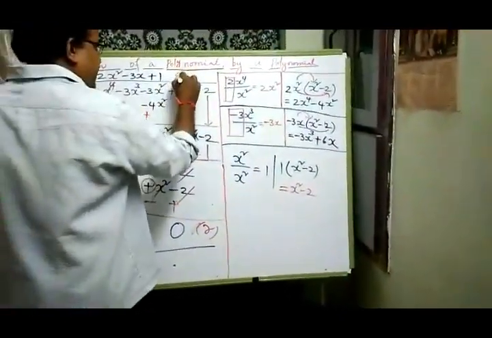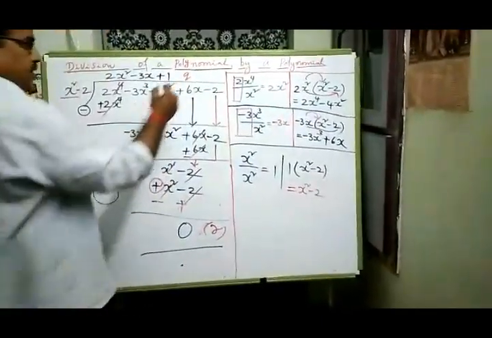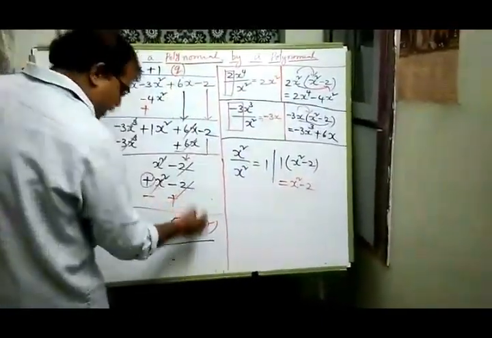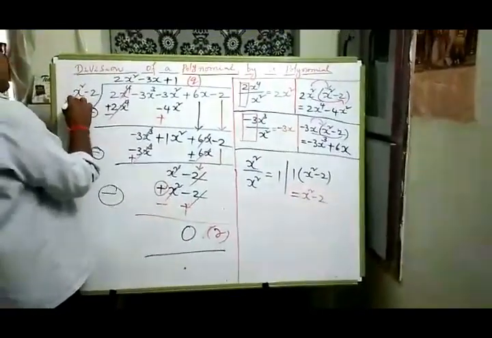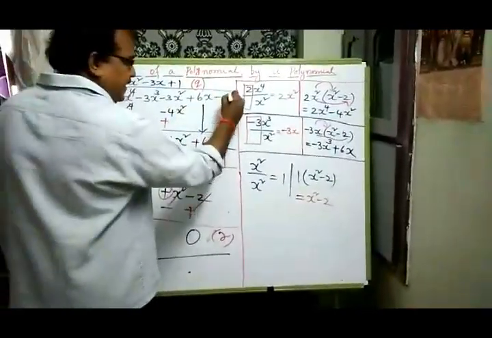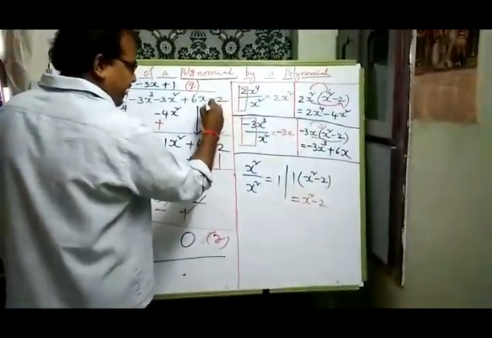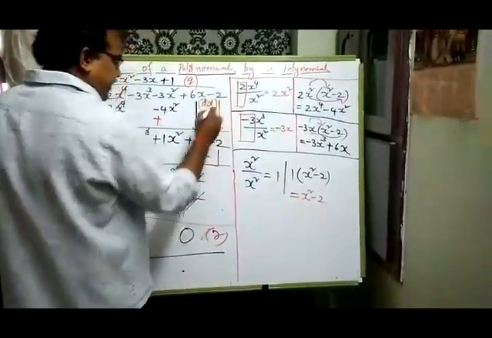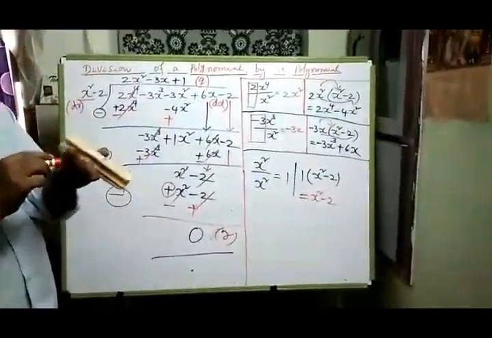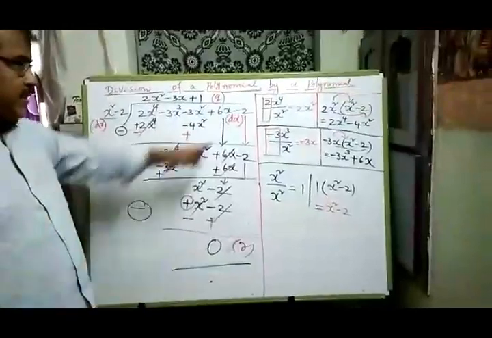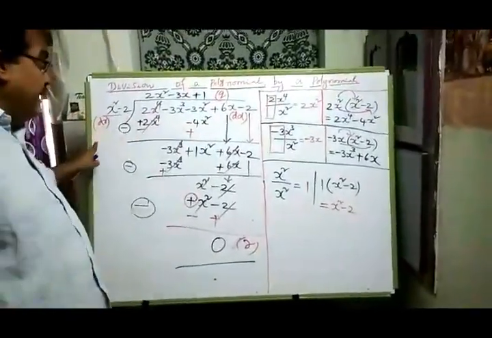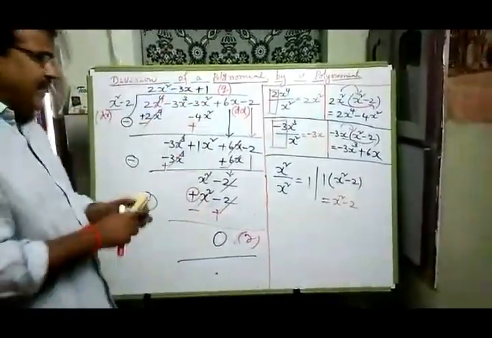This is the coefficient, this one is the remainder, this one is the divisor, this one is the dividend. This terminology is very important for the next class. Dividend, divisor, quotient, remainder.